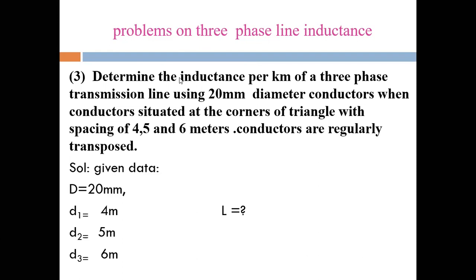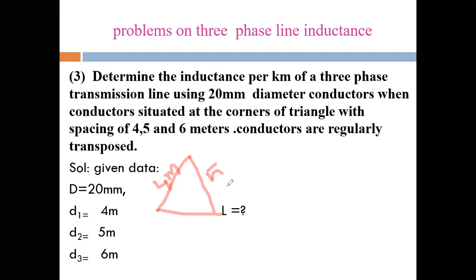That can be observed in the diagram. At the corners of this triangle we are placing the conductors. The distance between these conductors is 4 meters, 5 meters, and also 6 meters.